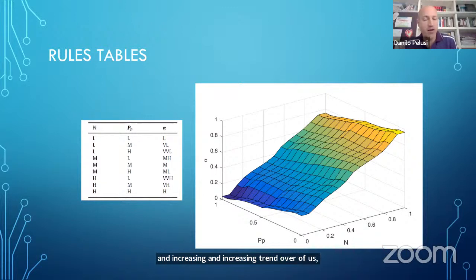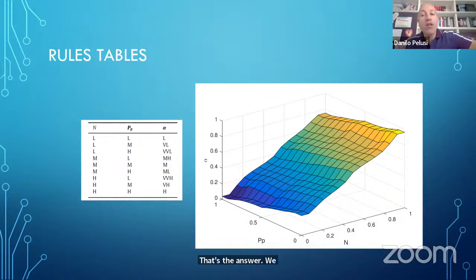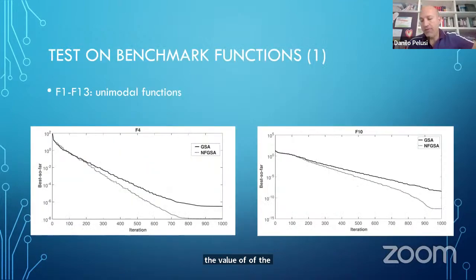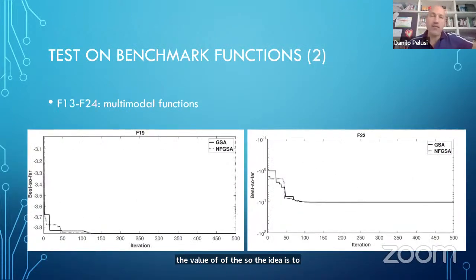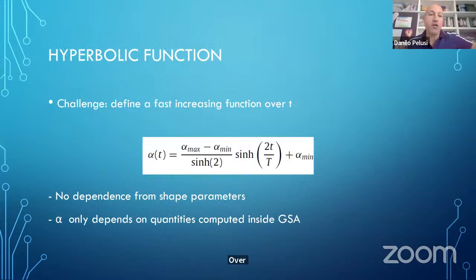In other terms, alpha increases with the number of iterations. So the idea is to define a specific function, an increasing function of alpha over the number of iterations.